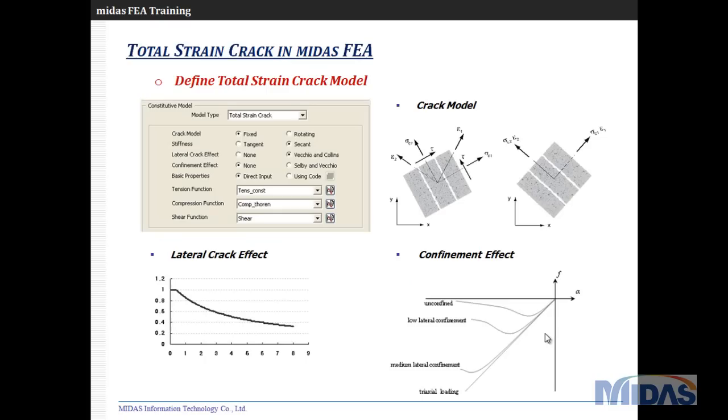So when we discuss the total strain crack model, generally the non-linear material behavior of concrete is modeled with the total strain crack model, and the reinforcing steel is introduced in FEA using the embedded reinforcement formulation, which actually implies a perfect bond between steel and concrete.